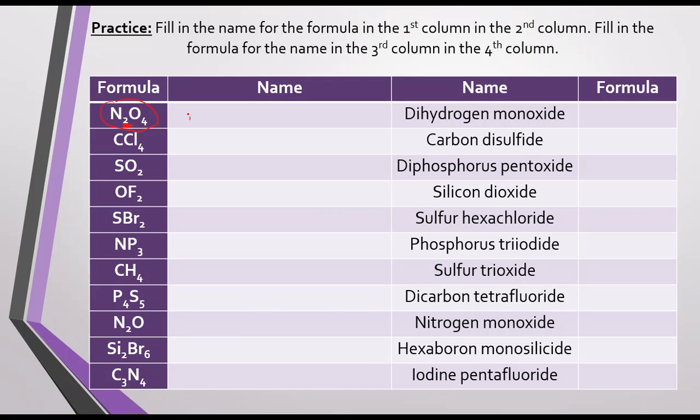Di. So I would write dinitrogen, just name the element. And then the 4 here, what prefix is that? Tetra. So this is tetroxide. Remember, we dropped the A. All right, so that would be the example for naming N2O4.